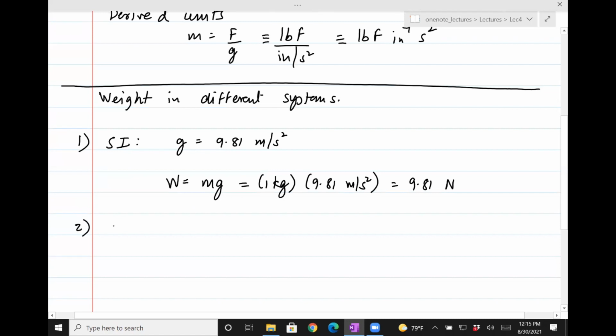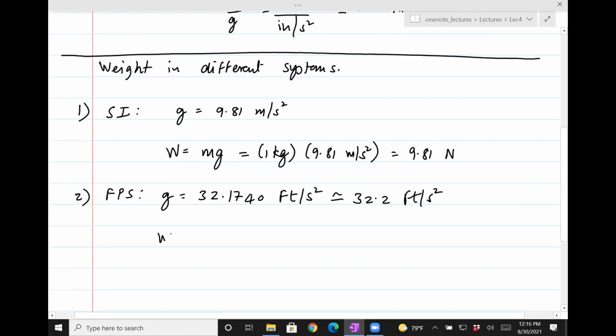If you want to do the same calculation in FPS, now gravity here in this system is 32.1740 feet per second square. And we usually like to round this up to 32.2 feet per second square.